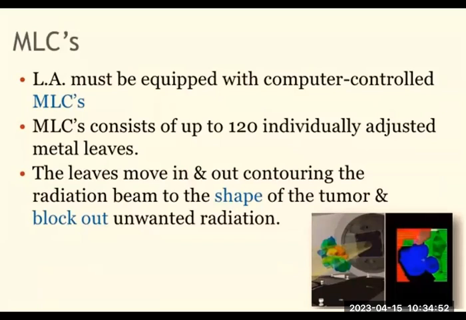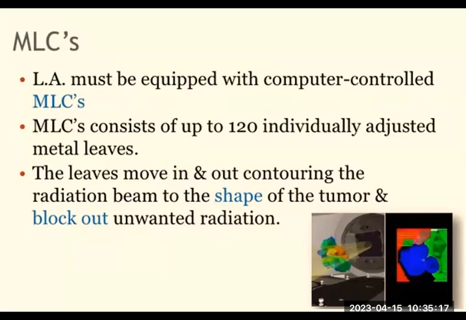So it blindly sends the radiation towards the area around the tumor without any shape measurements. It just roughly sends the radiation, and obviously nearby organ and tissue damage happens. If the nearby normal tissues are sensitive, they will get affected.